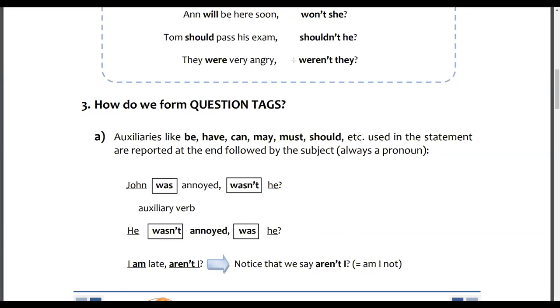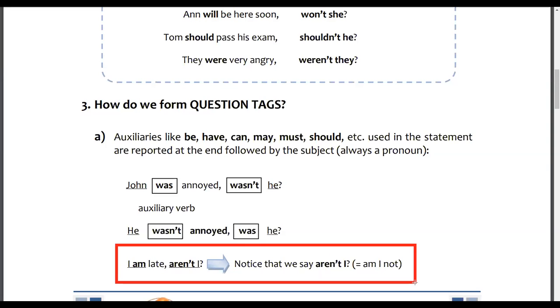So now, something you need to take into account is very, very important. This is not something that we all know when it comes to grammar: whenever you are starting with the be form for the first personal pronoun I, of course it's I am late. Now the question tag will go with the auxiliary aren't, okay?